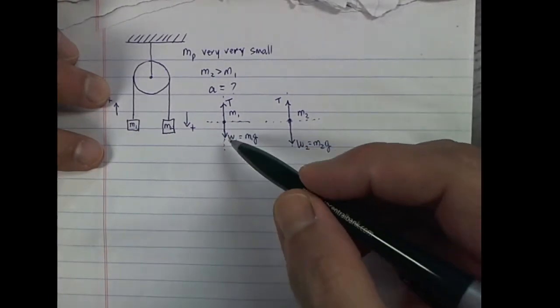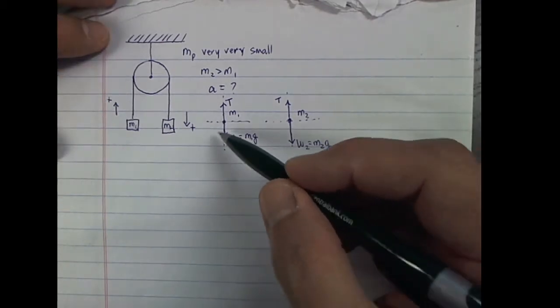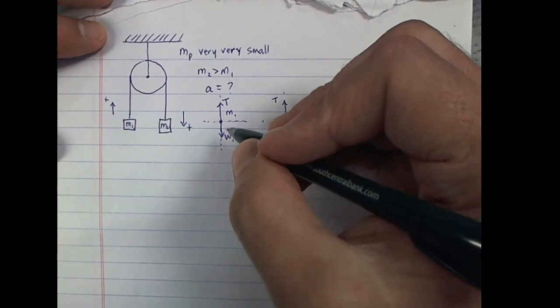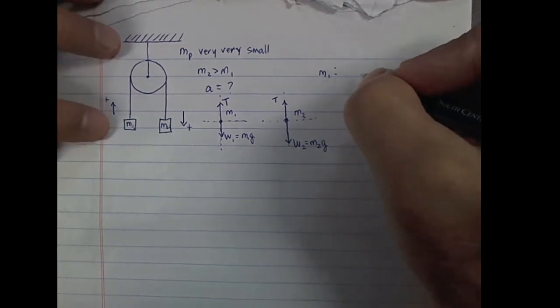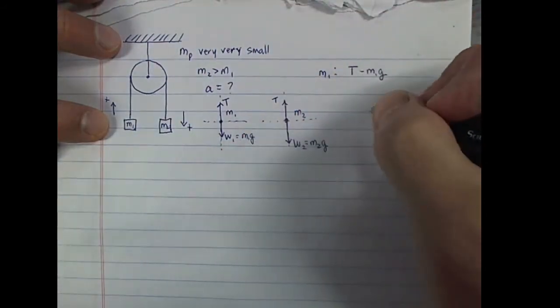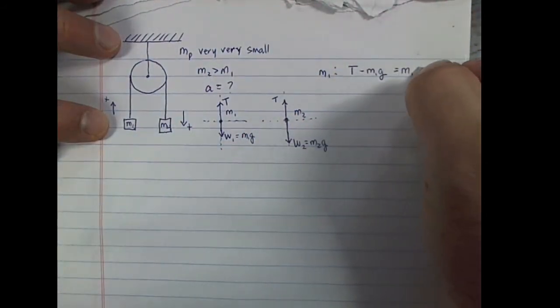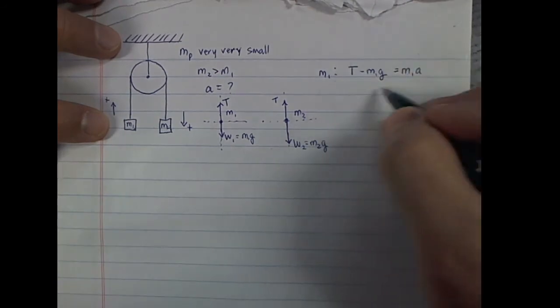So let's develop the Newton's second law equation for both blocks, because that'll give us two equations. So for M1, the equation would look like this. We have T in the positive direction minus M1G in the negative direction, the weight of block 1, equals M1A, because this is all about block 1.